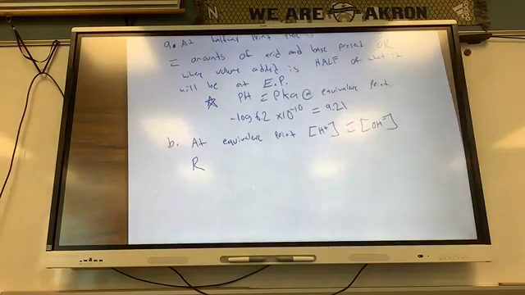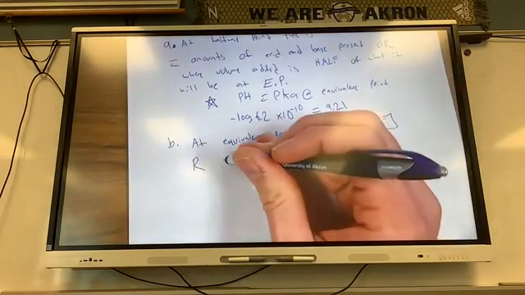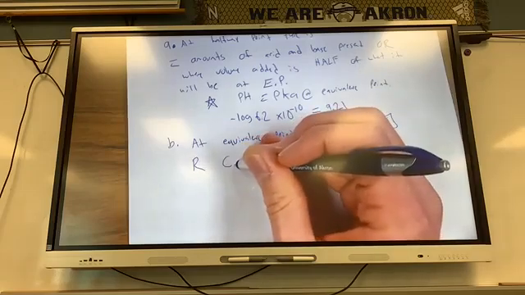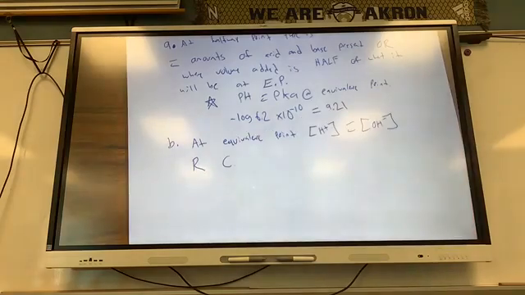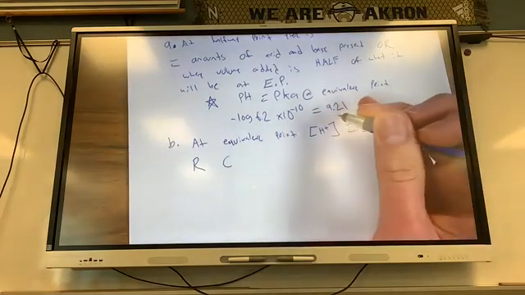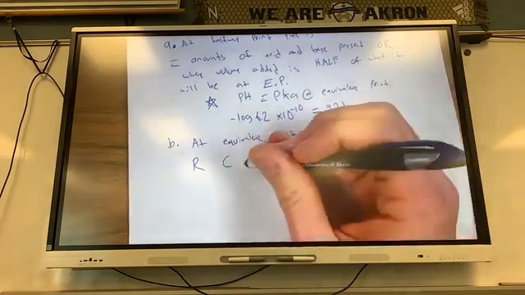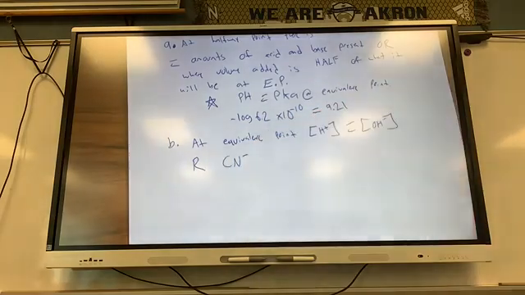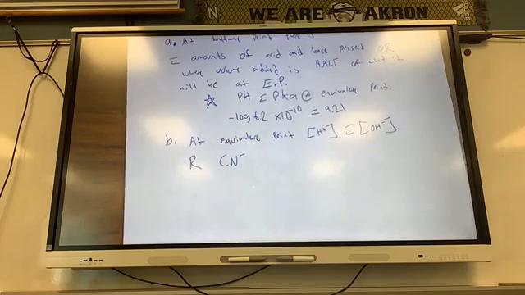So let's write our R, because we're going to have to erase this thing. So R, I have, let's just start out with C, because I'm trying to figure out the pH, correct? So how do I start this? Let's just start out with our CN minus, so it's already broke up, okay?